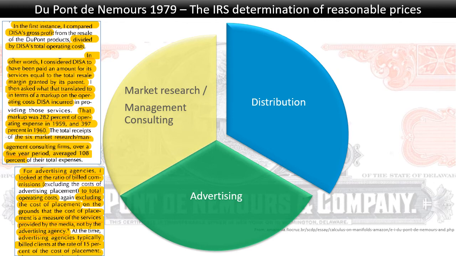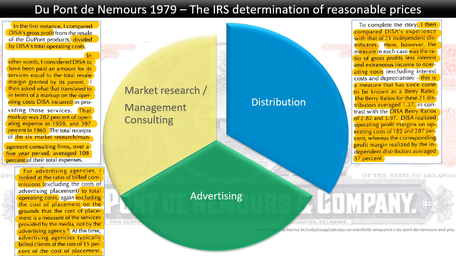So what he means here is the advertising agency says, let's do it this way, and let's look like this, and then we'll put it on TV, on the radio, on newspapers. Now he took out the cost for putting it on radio, TV, and newspapers. At the time, advertising agencies typically billed clients at the rate of 15% of the cost of placement. So kind of a cost plus 15, I guess, is what we come to.